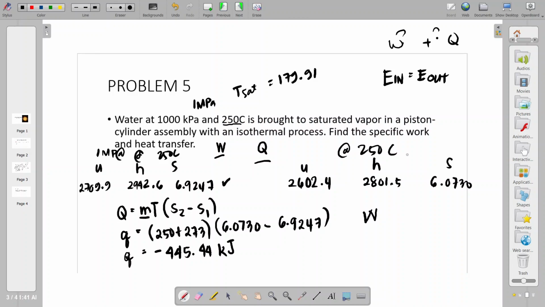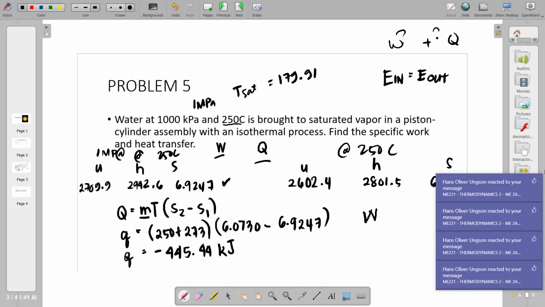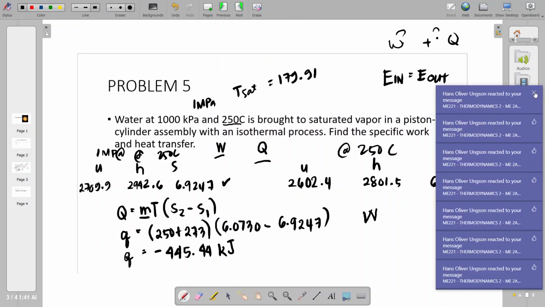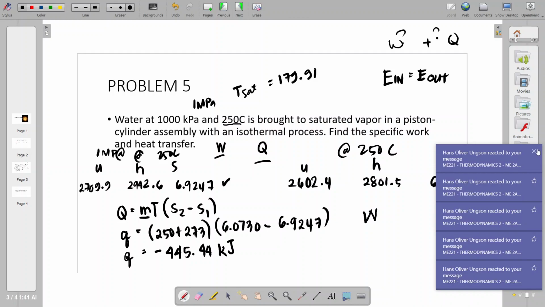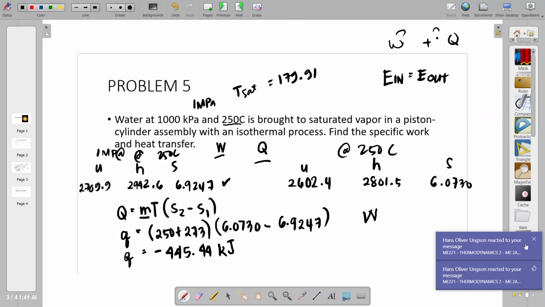Ayan. Tapos, si Q, dahil in order for us to reduce the state, halimbawa from superheated to saturated vapor, kailangan nating mag-release ng heat or Q out.